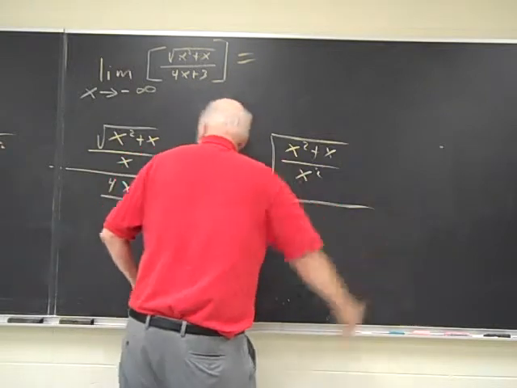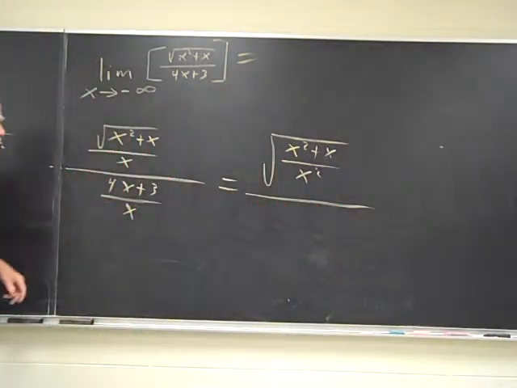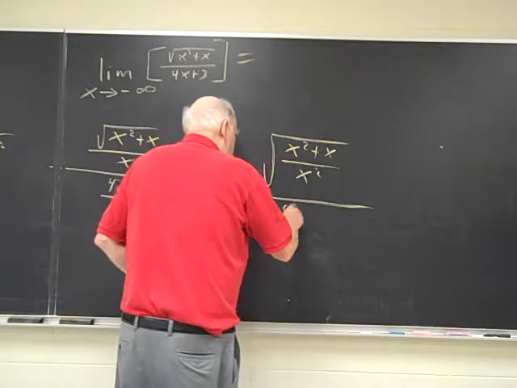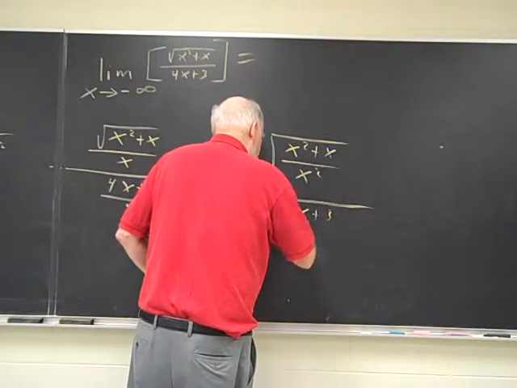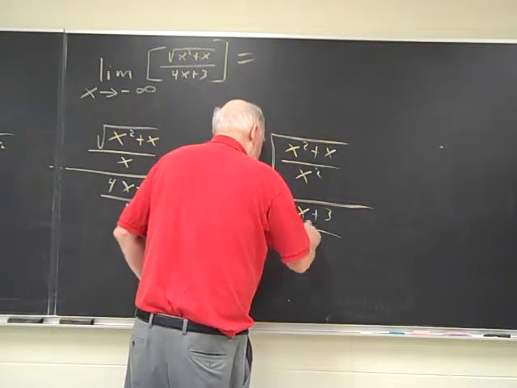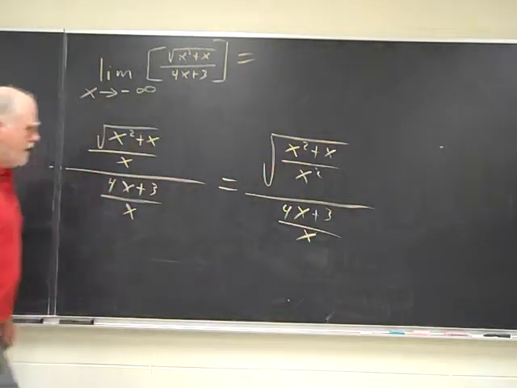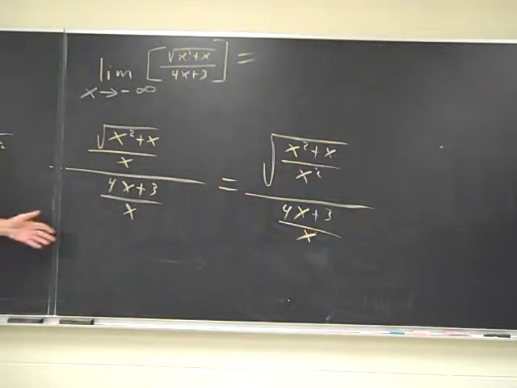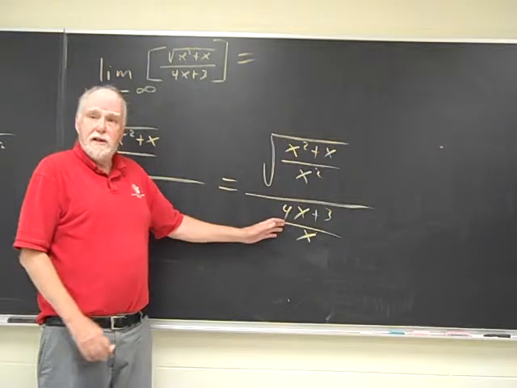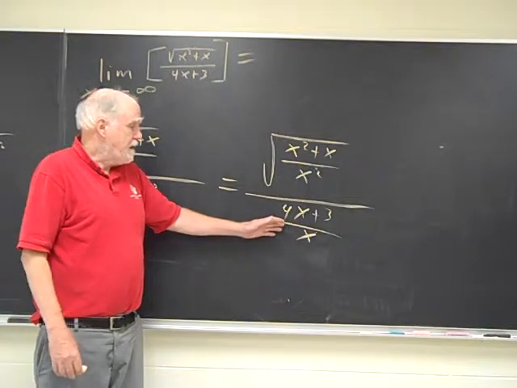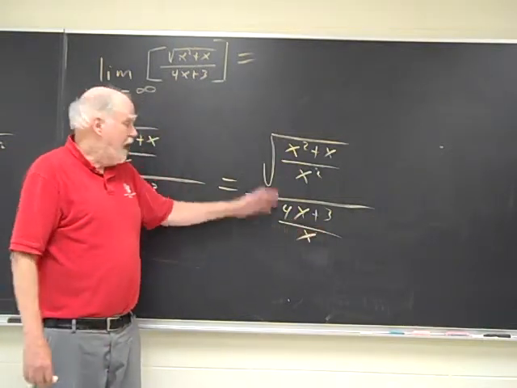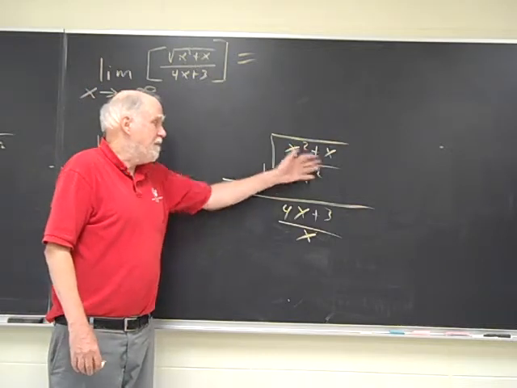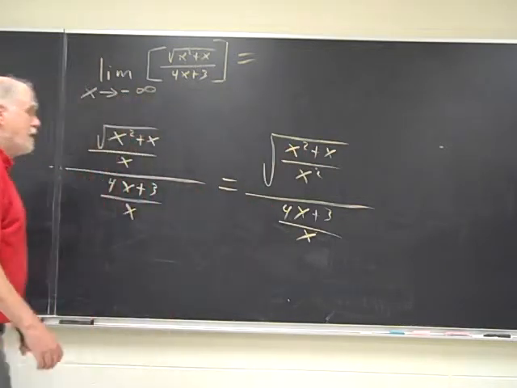And that's going to be over 4x plus 3 over x. I'll make sure I copied everything right. Now we can simplify this. I can split this into 2 fractions. That's the typical system, and then you can take limits. I'll split this into 2 fractions and simplify, and then I can take more limits, right?